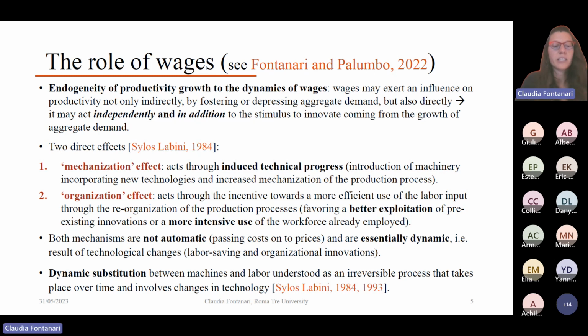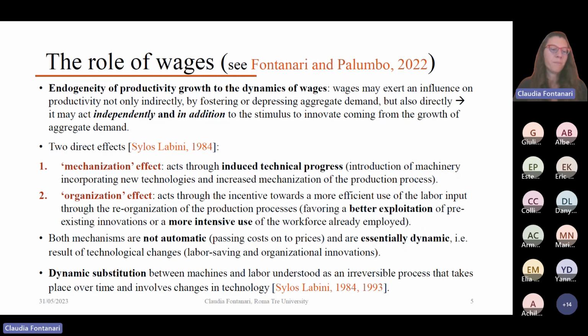It is important to stress that both mechanisms are not automatic. They will depend, for example, on the ability of the firms to pass costs on to prices, and they are essentially dynamic, so they are the result of technological changes.